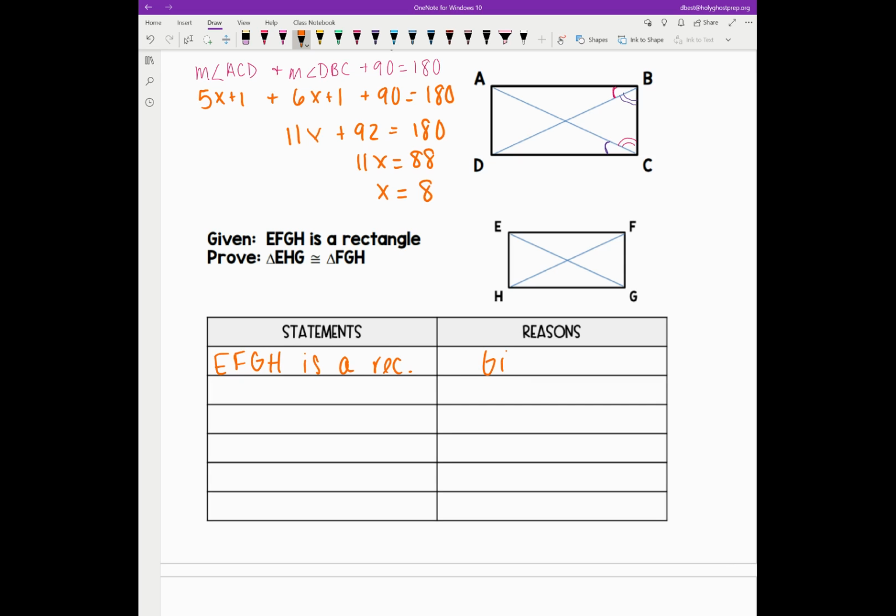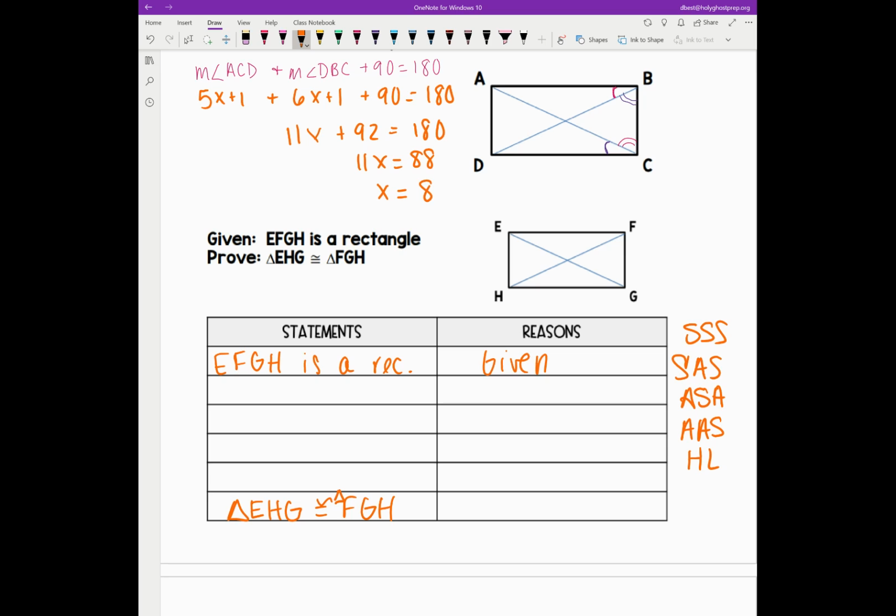Okay, so that's our given. The goal is to get to triangle EHG is congruent to triangle FGH. And remember, proving triangle congruence, we can use side, side, side, side, angle, side, angle, side, angle, angle, angle, side, and we can use hypotenuse leg if we know we have right angles.